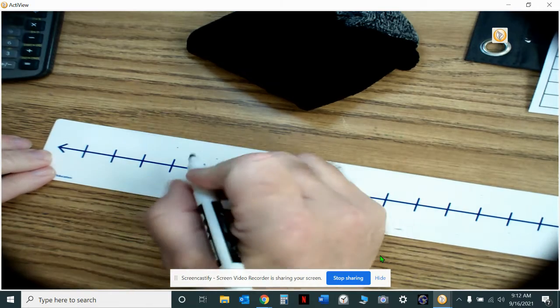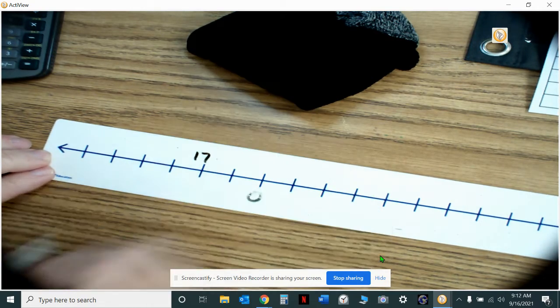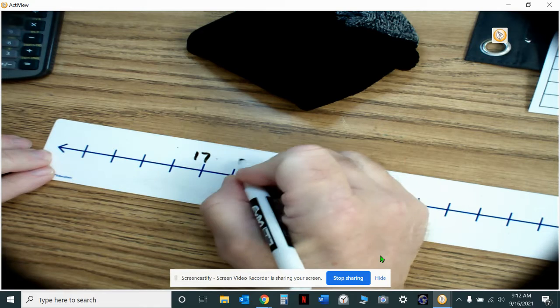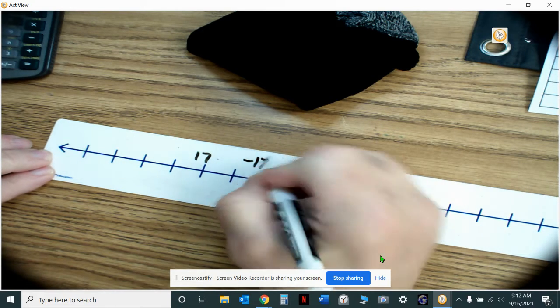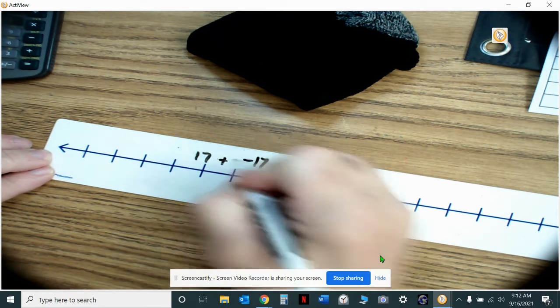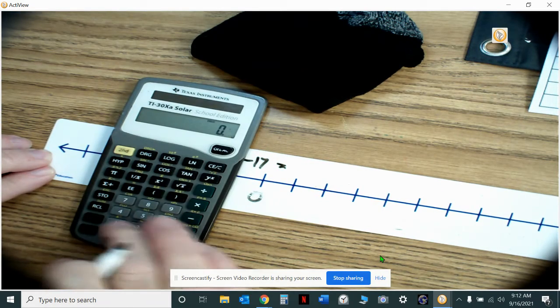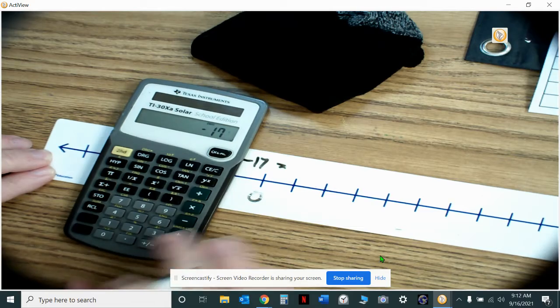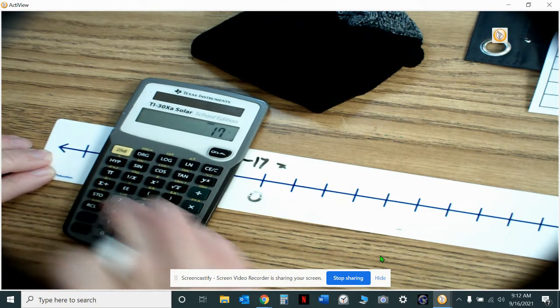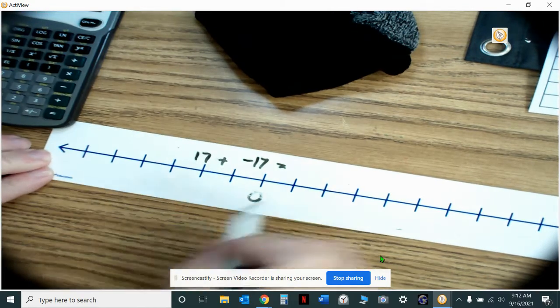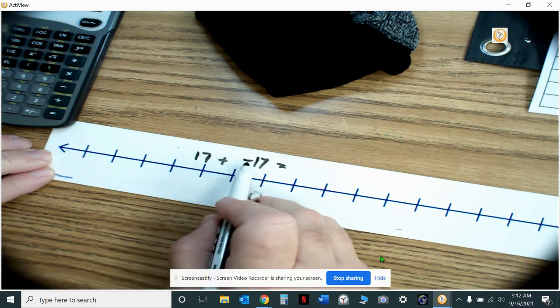So if I ask you the opposite of 17, well, it's negative 17. Let's check it. Negative 17 plus 17. Plug it into our old calculator: 17, change the sign, plus 17. Look at that. When they ask for the opposite, all you have to do is put the opposite sign.